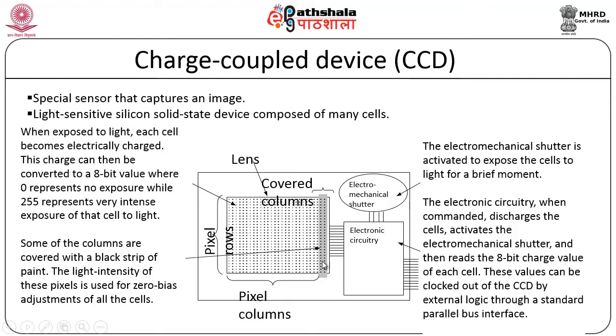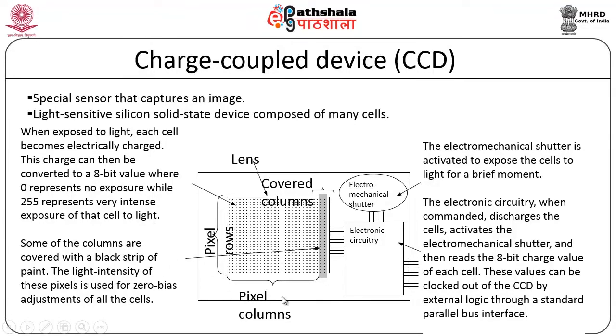As you see, the whole thing has different cells, and each cell I can refer to as a pixel. Each is exposed to the image. When exposed to light, each cell becomes electrically charged. This charge can then be converted into an 8-bit value, where 0 represents no exposure, while 255 represents very high white color, that means very high exposure to light.